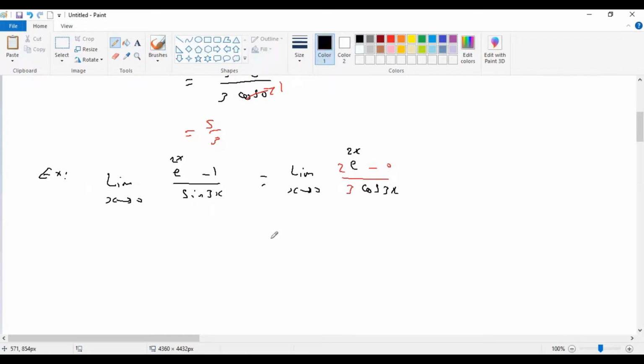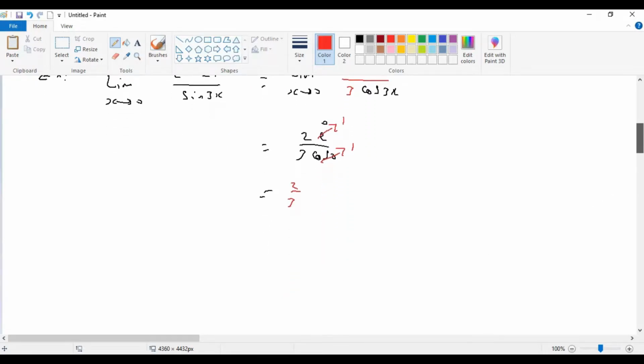Now this equals 2 e to the power 0 over 3 cosine 0. e to the power 0 is 1 and cosine 0 is 1. So the answer is 2 over 3.